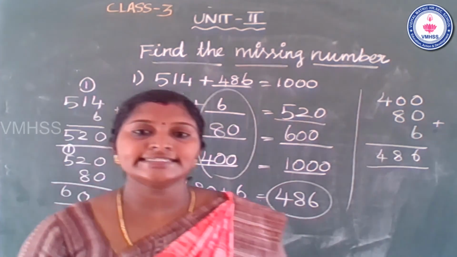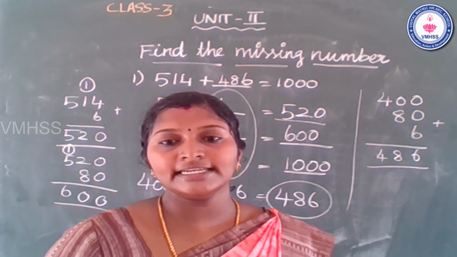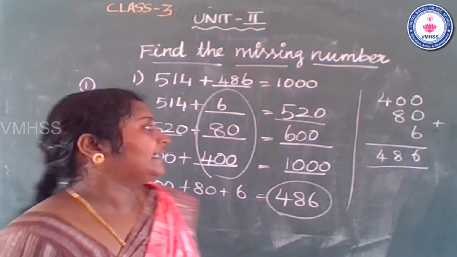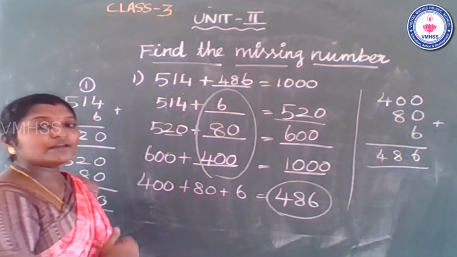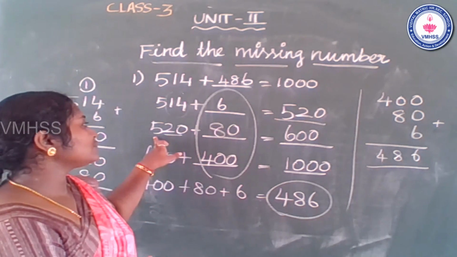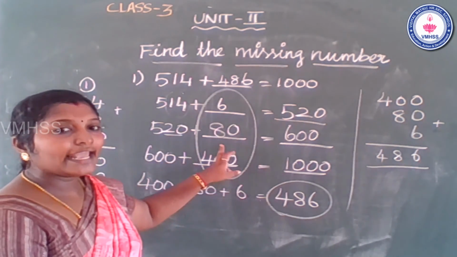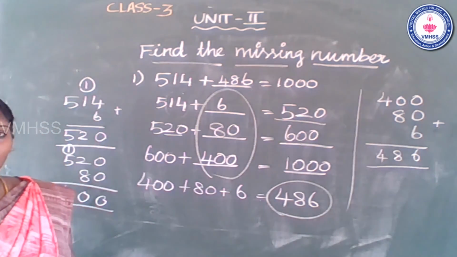So what is the second step? Add to the sum in step 2. Take it to the next nearest 100. Next nearest 100. So 520. So which number do we add to reach the next nearest 100? Very good. So adding 80, we get the answer 600. Okay, students.